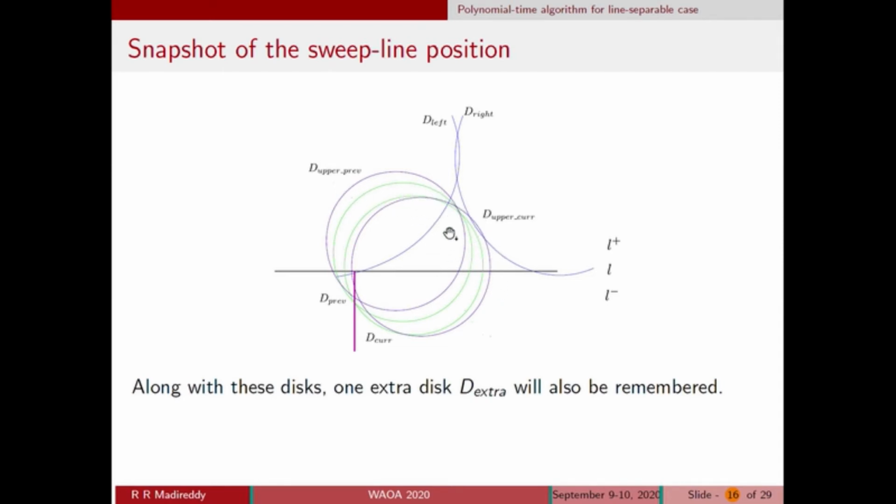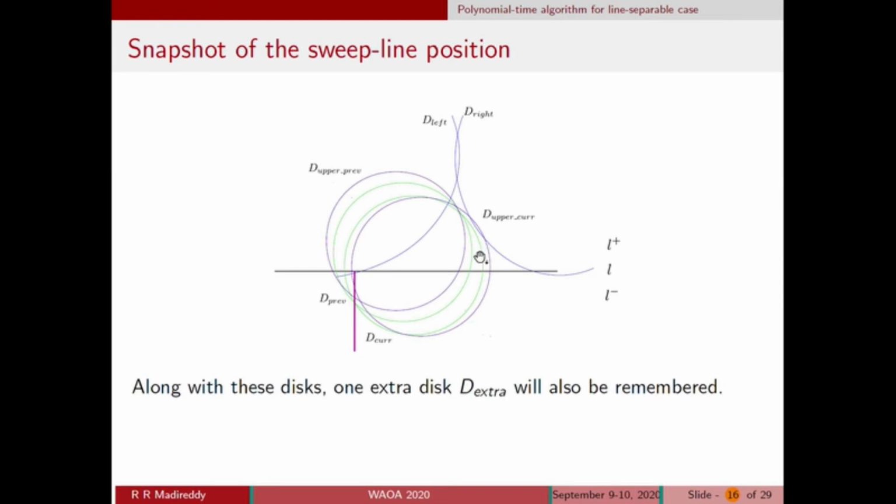This figure represents the type D block, which is a crucial one. Suppose there are two disks, D upper previous and D upper current, which form the upper envelope inside the block.